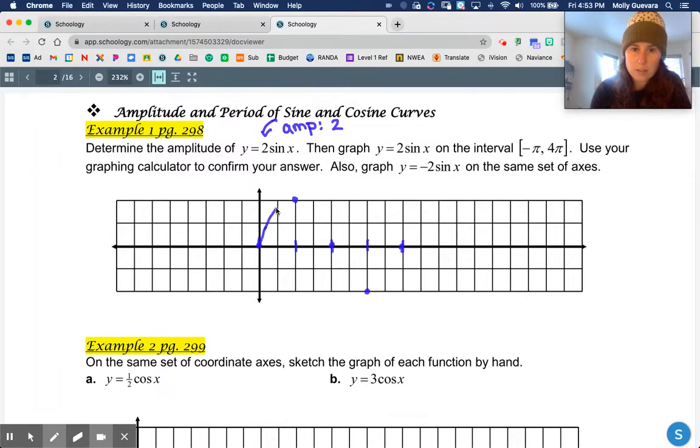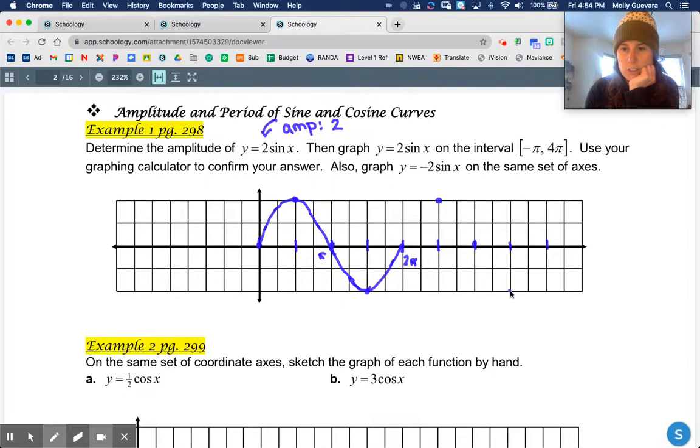So as I go to draw this, there we go. And this is 2 pi, right? And then here's pi. I don't know why my marker doesn't want to write pi. It wants me to go to 4 pi, so I need to do another one of these, right? Where it goes up.